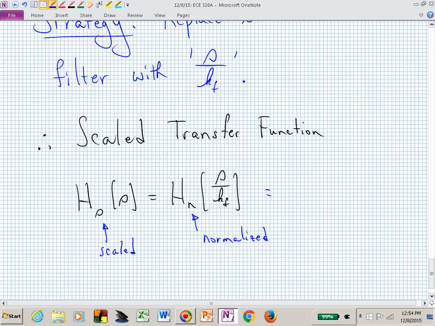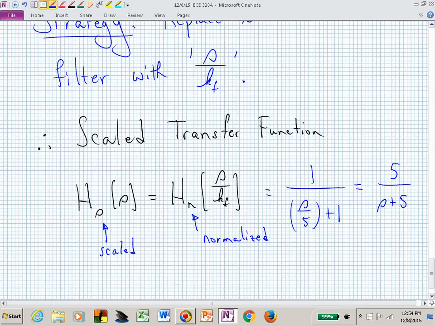In our case, then, we have 1 over, we started with s plus 1. Now we're replacing s with s over 5. And if we multiply numerator and denominator by 5, which we can always do, since 5 over 5 is 1, then we end up with our new transfer function that has been scaled to be 5 over s plus 5.